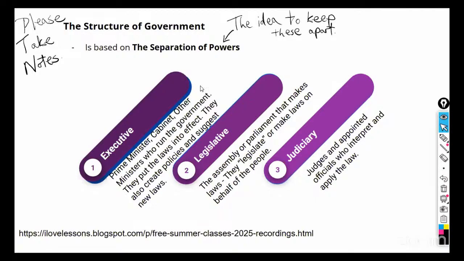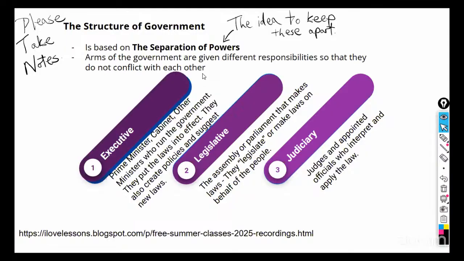In a democratic government, in a government in the British Commonwealth, we are trying to keep them separate. So the executive is one branch, legislative is one branch, the judiciary is one branch. They are each given different responsibilities, so they don't conflict, they don't overstep, they don't undermine each other.